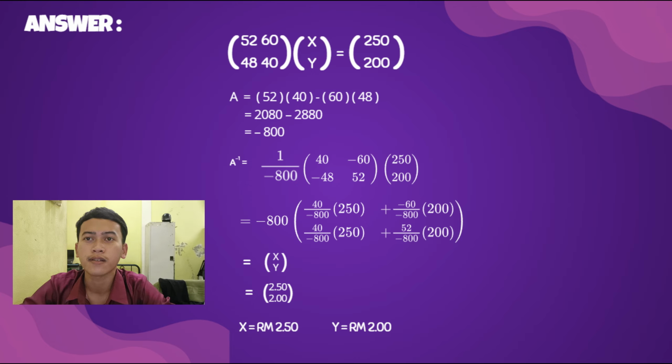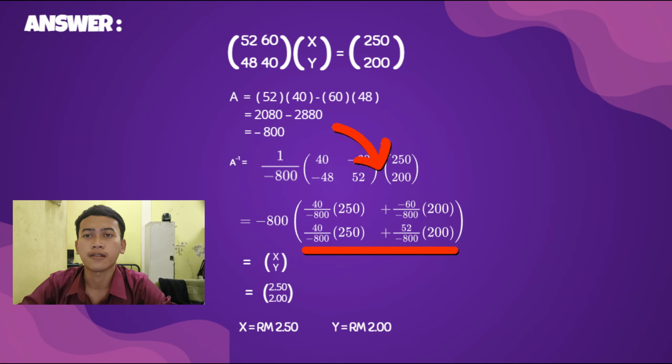In brackets, 40 divided by negative 800 multiplied by 250 plus negative 60 divided by negative 800 multiplied by 200, and for y, 40 divided by negative 800 multiplied by 250 plus 52 divided by negative 800 multiplied by 200.